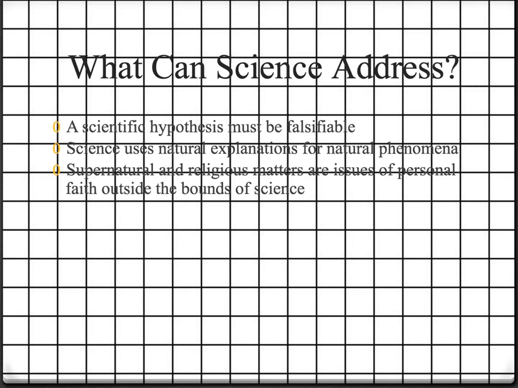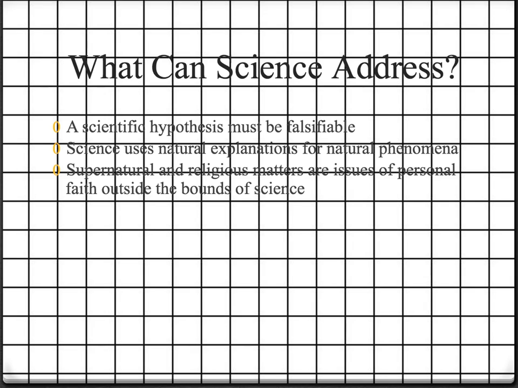And another thing with science is we can only use natural explanations for natural phenomena. We're going to talk about evolution a lot in this class. There is always going to be some contention over whether evolution is true versus other theories. But what we're not going to do is look at supernatural and religious matters. They are not falsifiable. Okay, so we're not going to look at that.